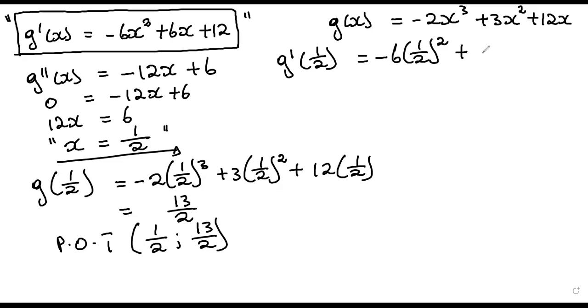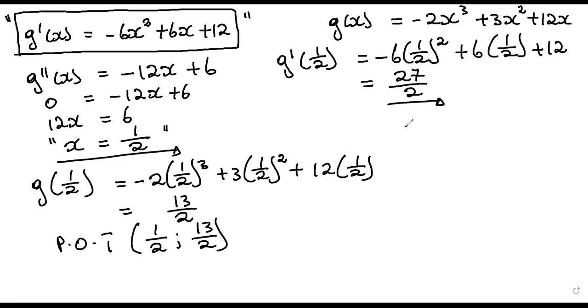So we substitute it into the derivative itself. And let's see how much is the gradient of this tangent line. So we find that the gradient will just be 27 over 2 like that.